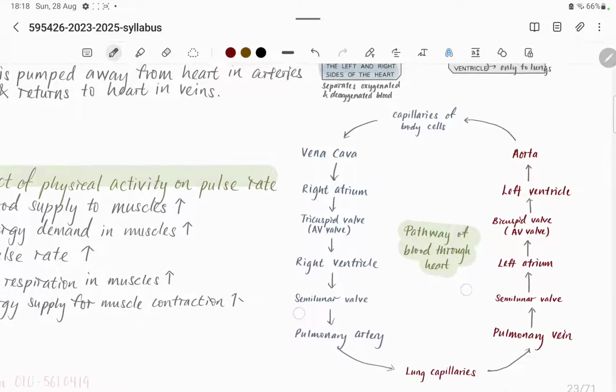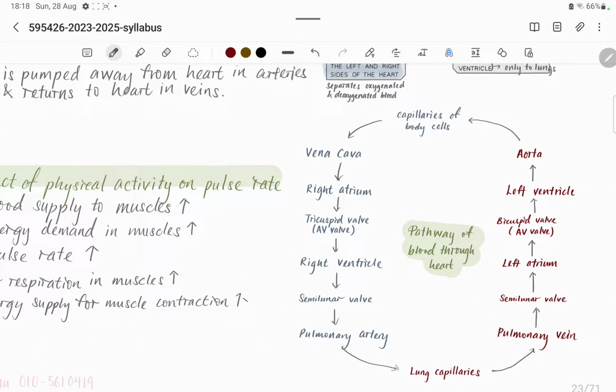Okay, pathway here. Just now already mentioned. Capillaries of body cells and then vena cava. Back to the heart. Right atrium, tricuspid valve or AV valve. AV valve is atrioventricular valve. Why is it atrioventricular? Atrio is the atrium, ventricular is the ventricles.